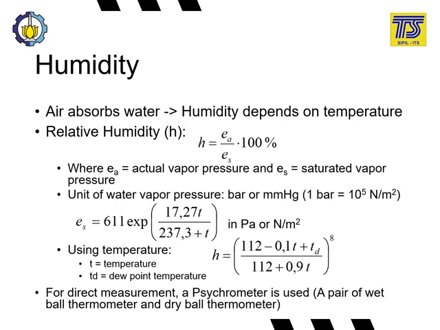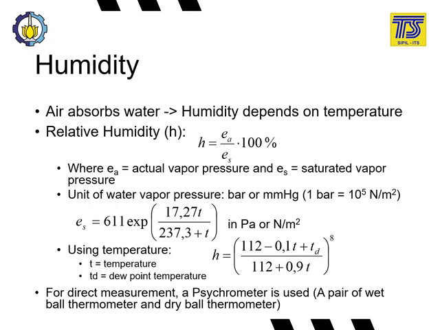Next one is humidity. The air absorbs water, and that's why the humidity really depends on the temperature. Usually a place with higher temperature has lower humidity than a place with lower temperature.